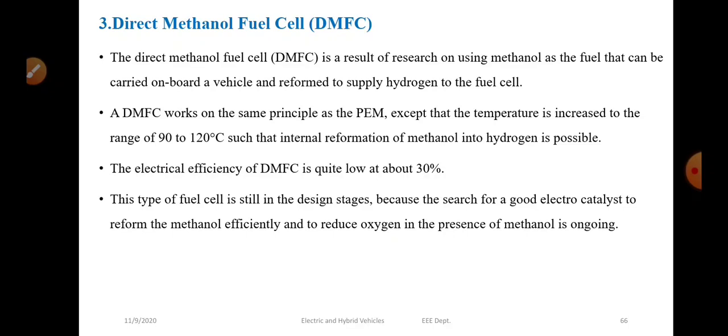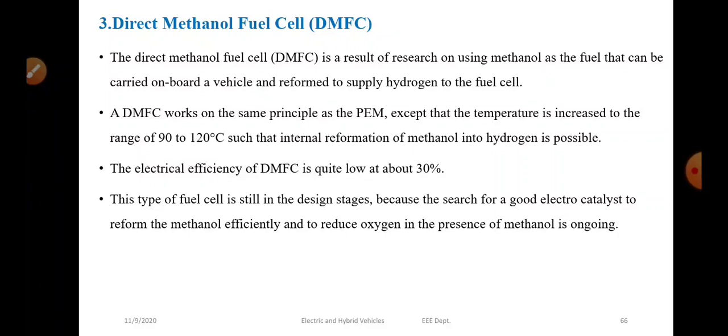The disadvantage of fuel cells is that the hydrogen fuel used inside is expensive as well as the storage is very difficult. So in direct methanol fuel cell, methanol is used as the fuel and from methanol hydrogen is extracted.